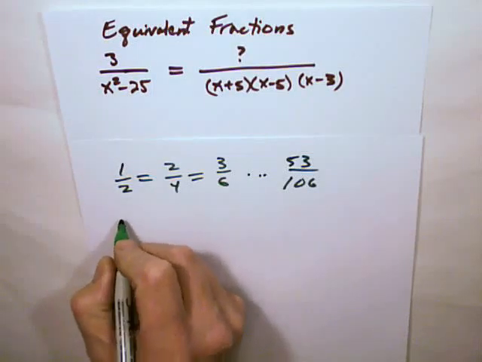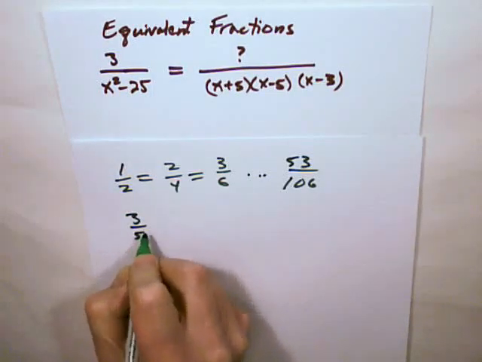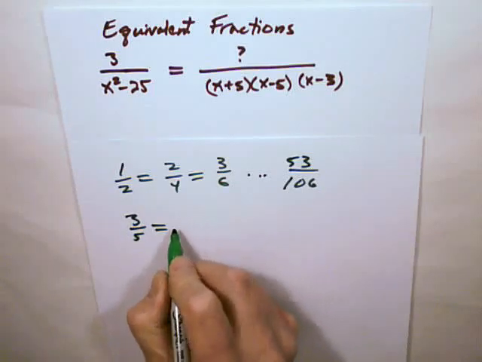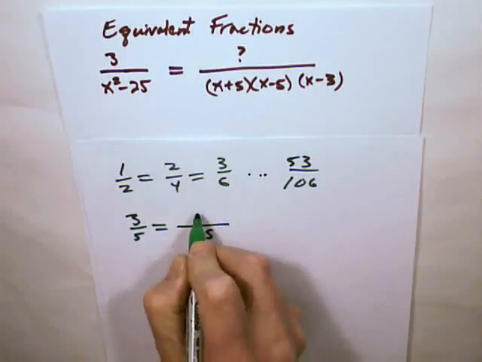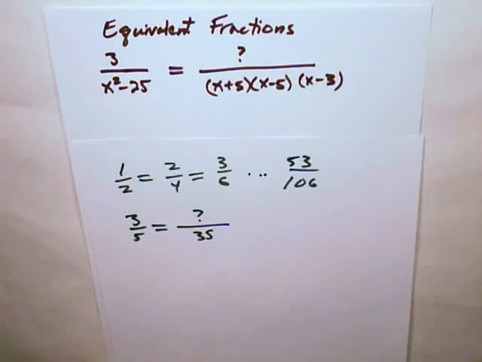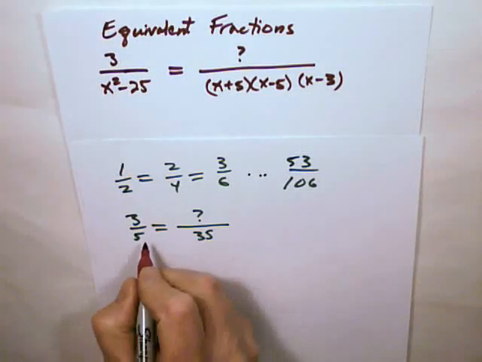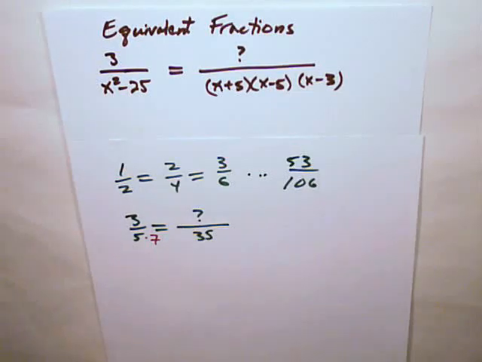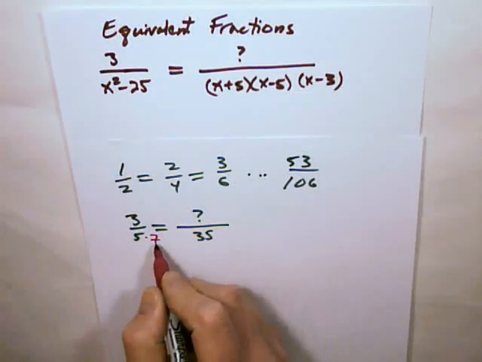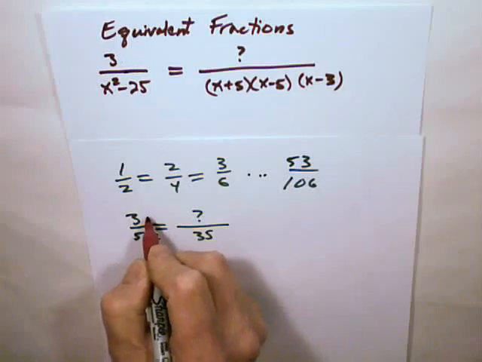Okay, so suppose, for instance, that we have the fraction 3 over 5, and we want to express that as an equivalent fraction over 35. Now, what I do is I notice that in order to change that denominator from 5 to 35, I have to multiply by 7. Whatever I do in the denominator, I have to do in the numerator also.